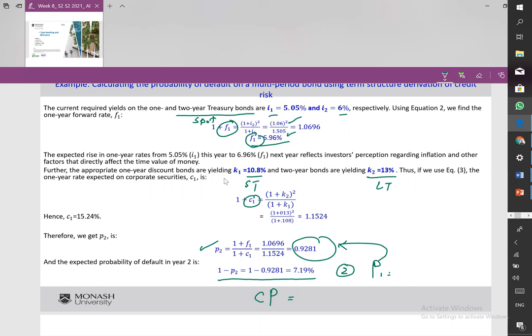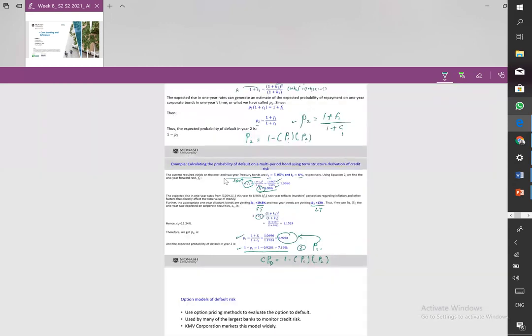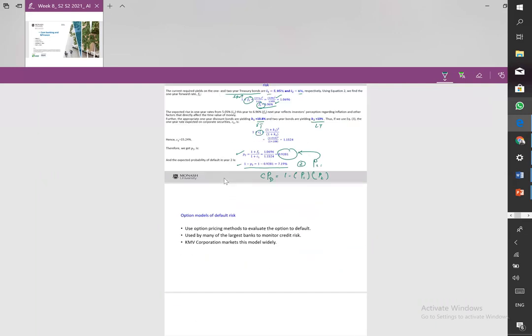It will be one minus B1, which I have, and this is the B2. This is the whole thing I want you to understand. And actually, I am done with this example.